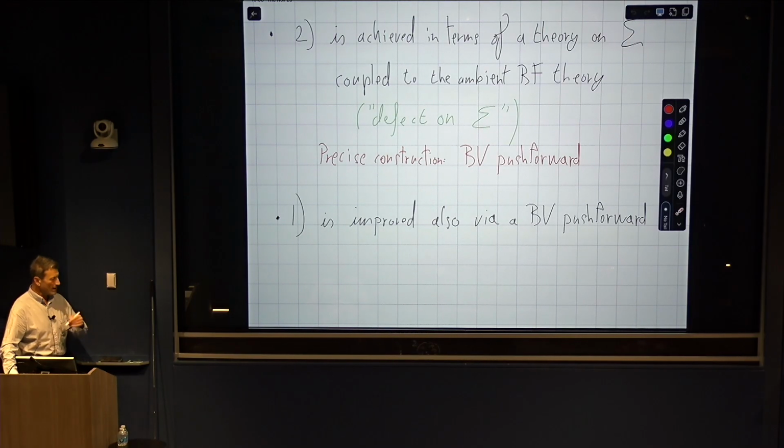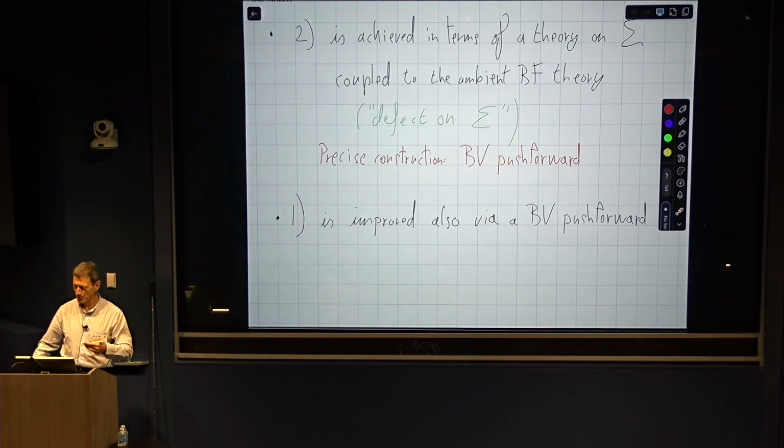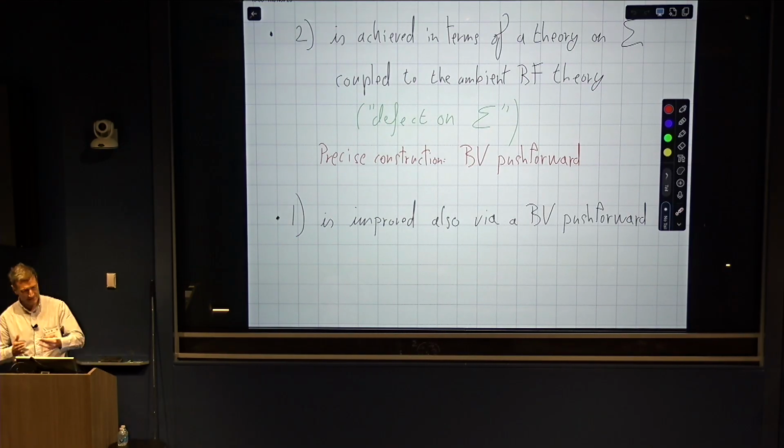One version of this construction has already been mentioned in a couple of talks today. This is the case where lambda is equal to 0, and today we'll extend it to the case where lambda is also different from 0.